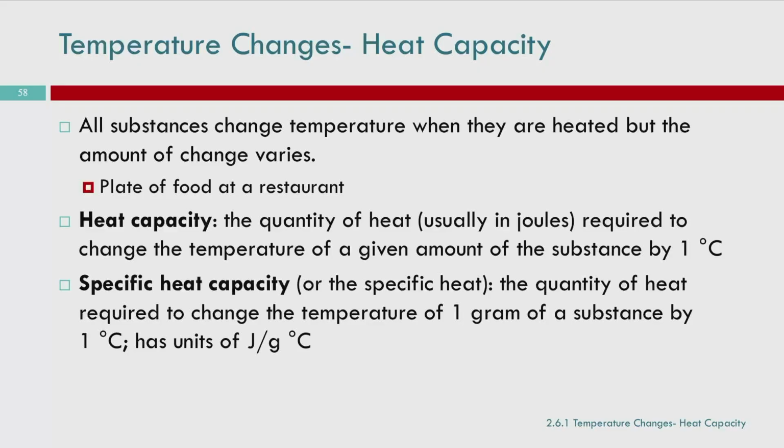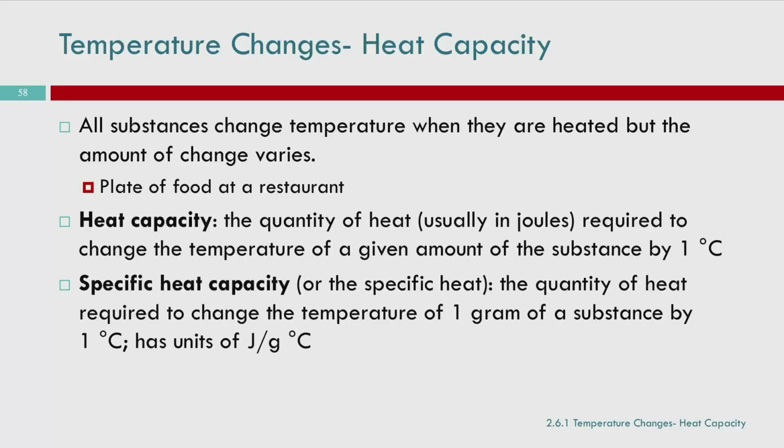If you were somehow able to magically float water over your stove and try to heat that up, even if it's the same mass as the pan, it's going to take a lot longer to heat up that water to the same temperature as the pan. It takes a lot more energy. Food at a restaurant is one example of this. If you order a nice plate of food at a restaurant, maybe you've got a steak, you've got potatoes, you've got a salad. The salad's going to be nice and cool.